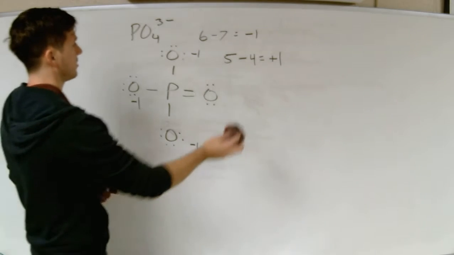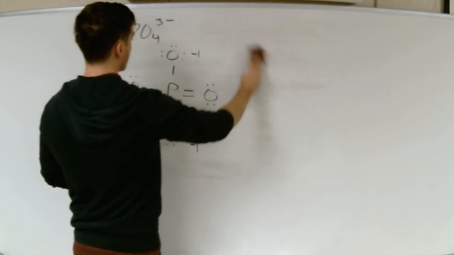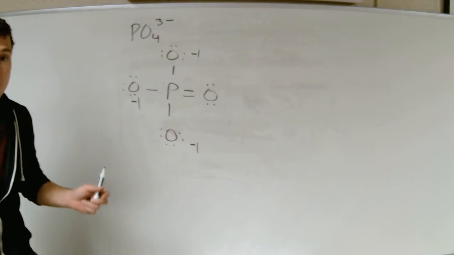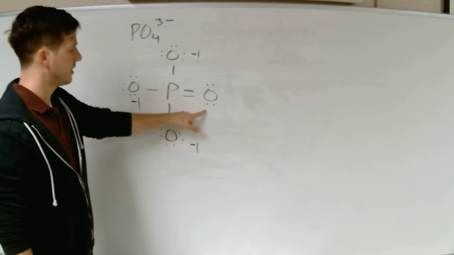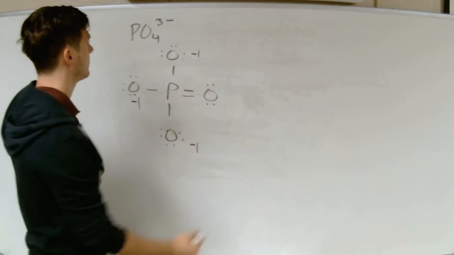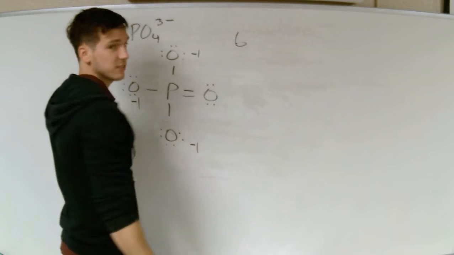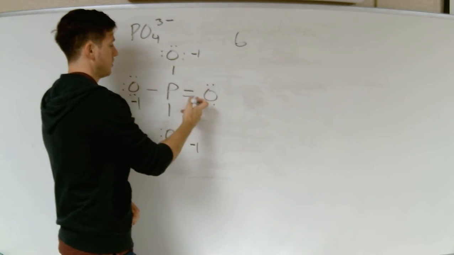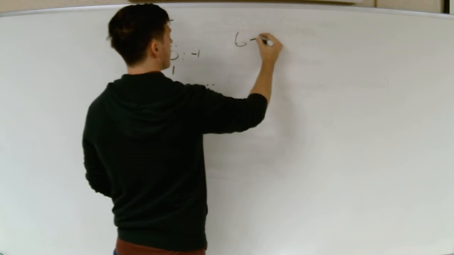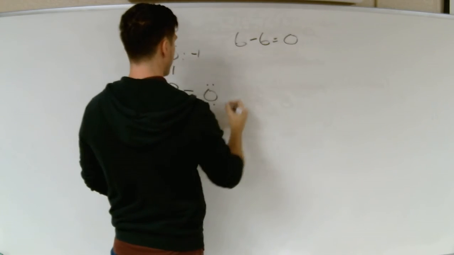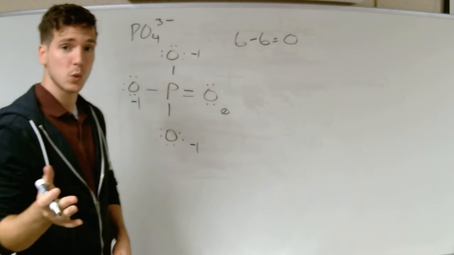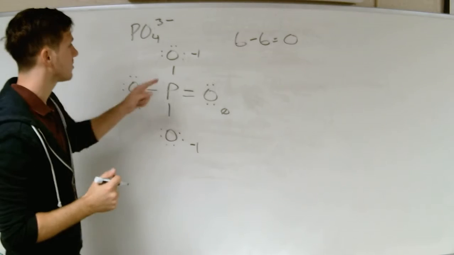Now let's look at our formal charges. These oxygens are still -1, nothing's happened with them. But let's look at this oxygen: 6 valence electrons, it's surrounded by 6 electrons, so it's got a formal charge of 0. Cool. Now let's look at phosphorus.